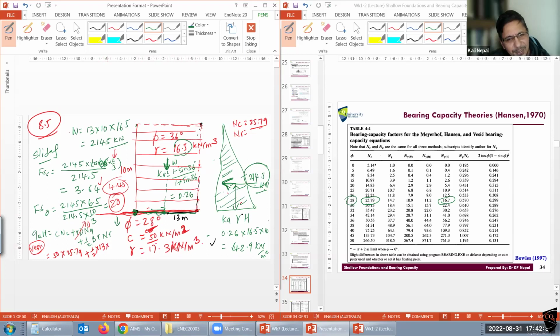Gamma of the foundation is 17.3, and N gamma is 16.7. Can you compute this for me, please? Too much writing here, so I want to delete that so you don't get confused. There you go. How much is the ultimate bearing capacity at the foundation?